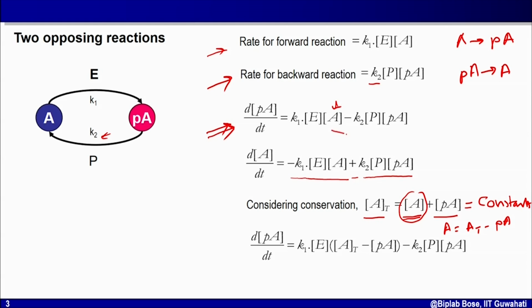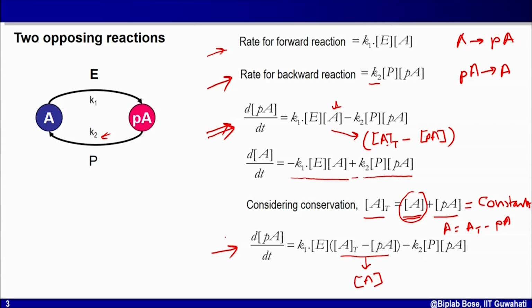I can replace this A term by the concentration of total A minus the concentration of phosphorylated A. Then I get this ODE: dPA/dt is equal to K1 into E, the concentration of the enzyme, into (AT minus PA), that is actually nothing but free A, minus K2 into P into PA.